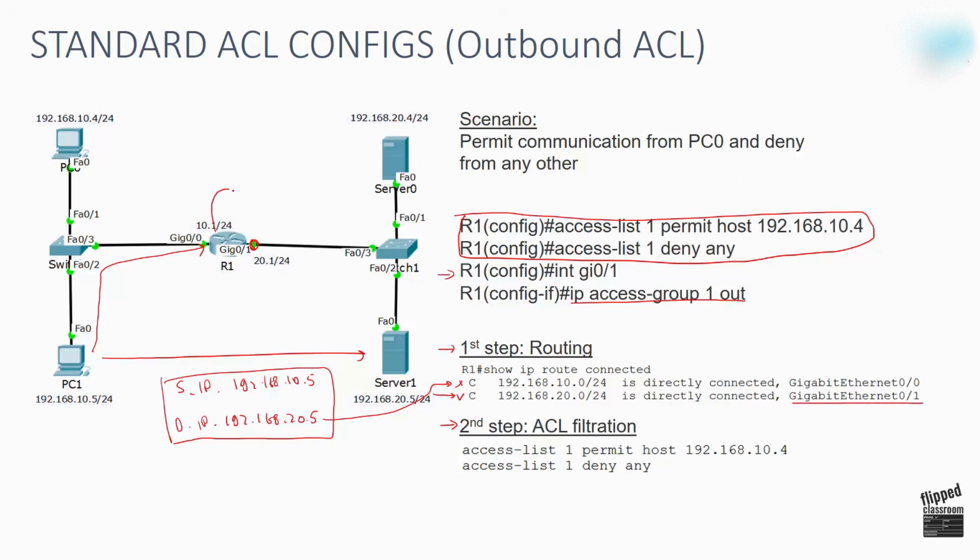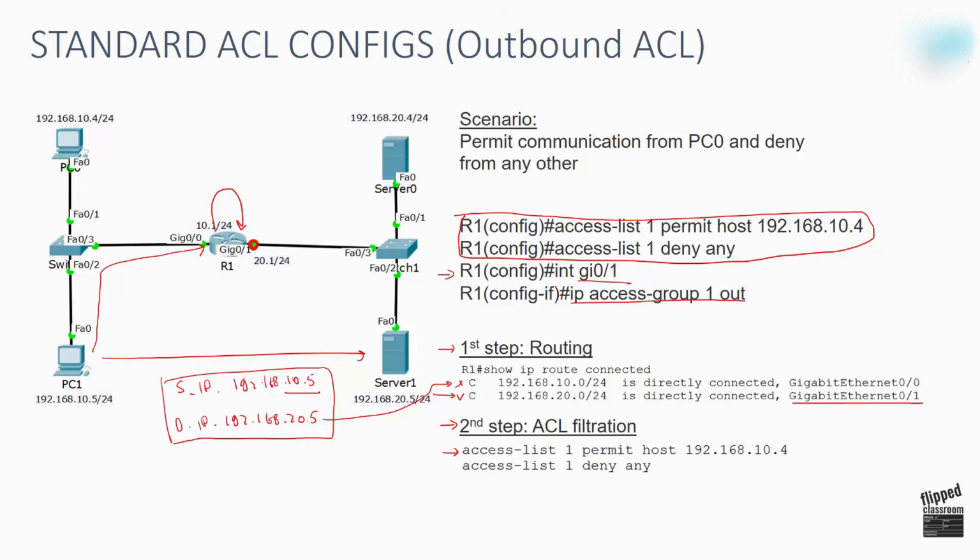When the router has made this routing and the packet tries to exit through the gigabit 0/1 interface, the router will make a second step, because an ACL is configured on interface gigabit 0/1. So the router makes a check. Access list 1 permit host 10.4.